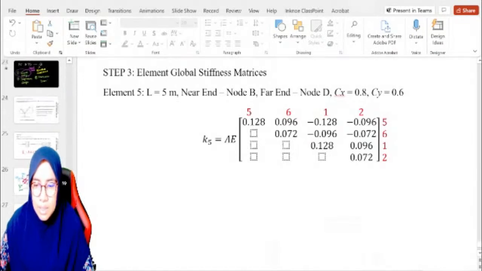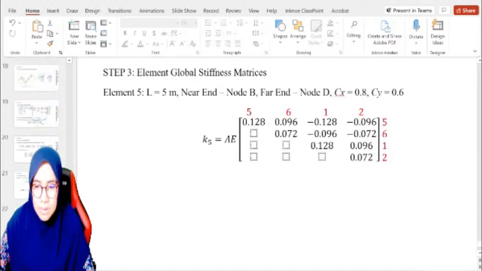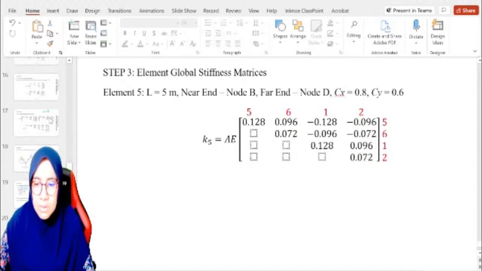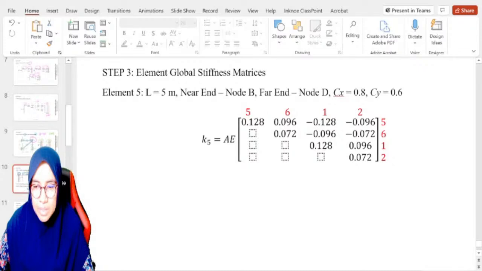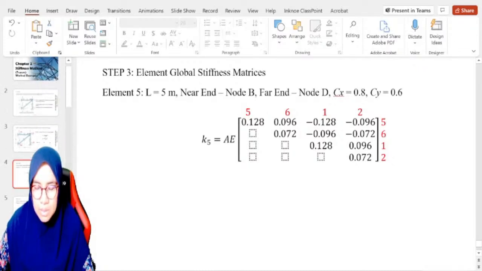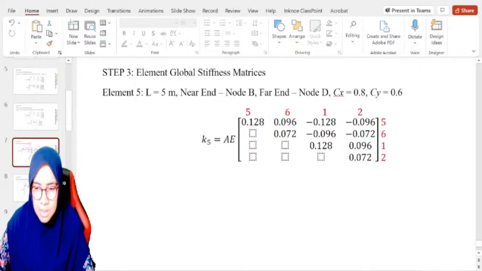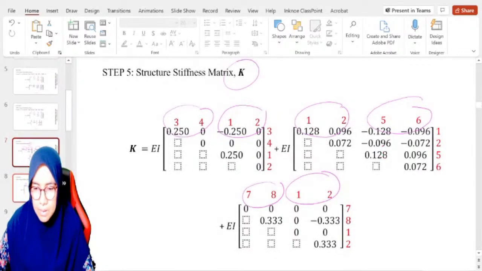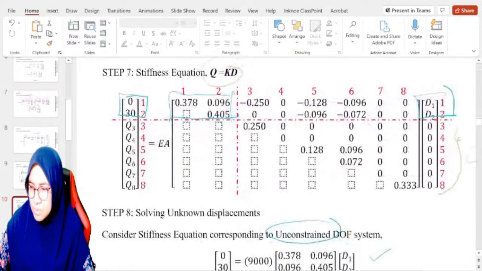Okay, wait. I want to find the stiffness matrix or stiffness equation when we have three. This is only 2.